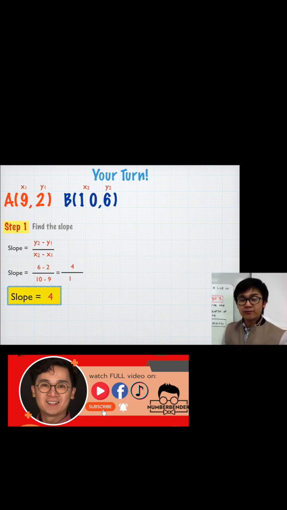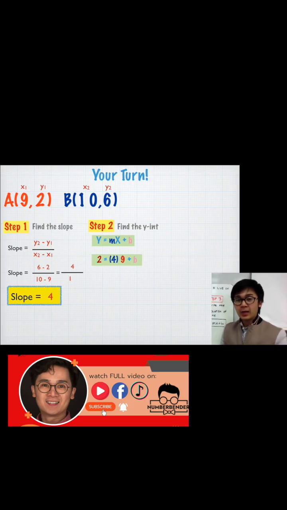Now that we have found our slope, we can find our y-intercept by using one of the points, either A or B. This time I'm going to use A as my point, and by using my slope-intercept form, I will replace y, m, and x so that I will find b. By simplifying my equation, I'll be able to solve for b, which gives me negative 34.